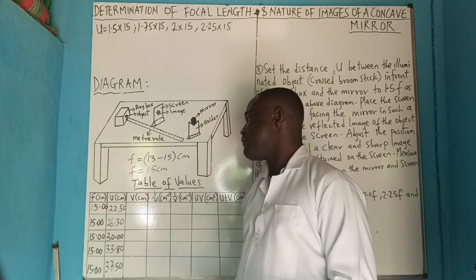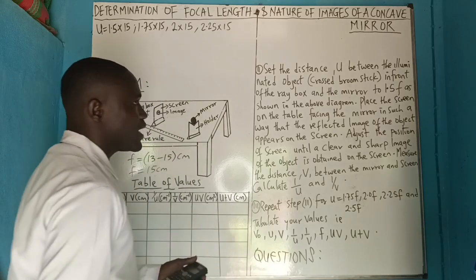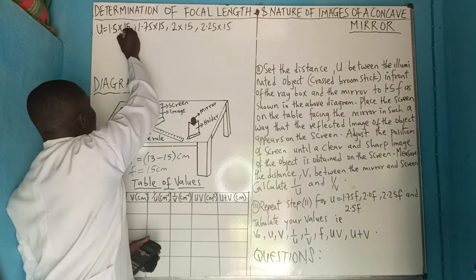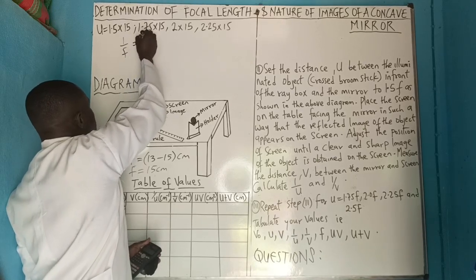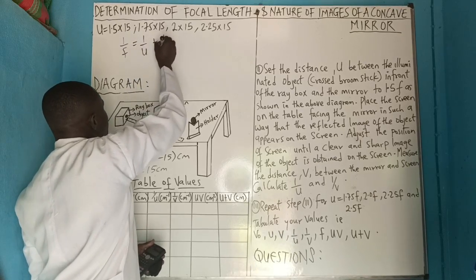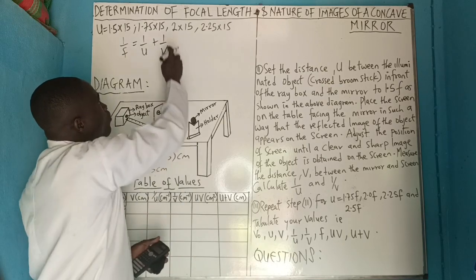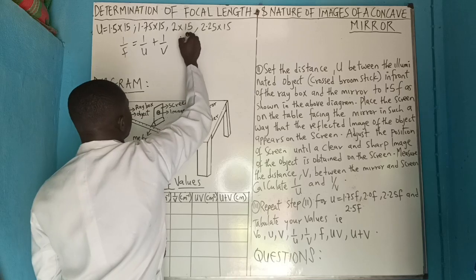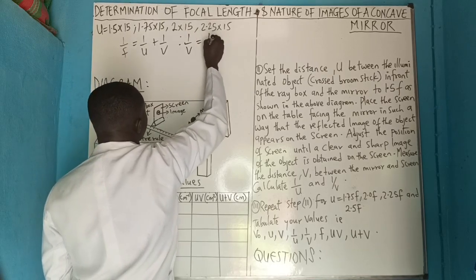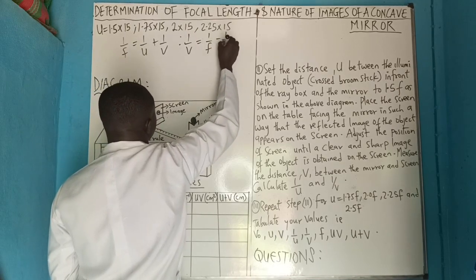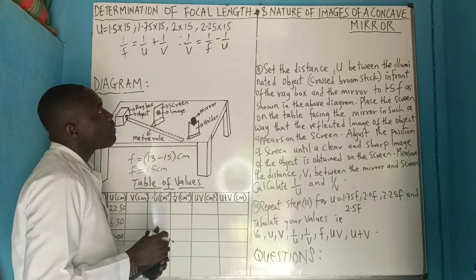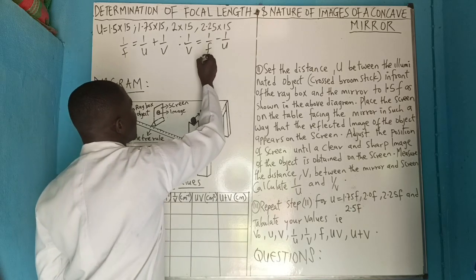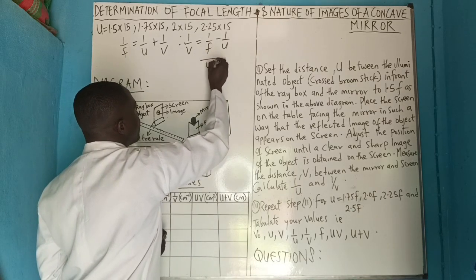we know our F, we know our U. Are you getting it? Since we know our F, we know our U. Recall that 1 over F is equals to 1 over U plus 1 over V. Making 1 over V subject of formula, this will go the other side. Therefore, 1 over V will be equals to 1 over F minus 1 over U. Okay? Now, looking for the LCM, you will notice that here is UF.